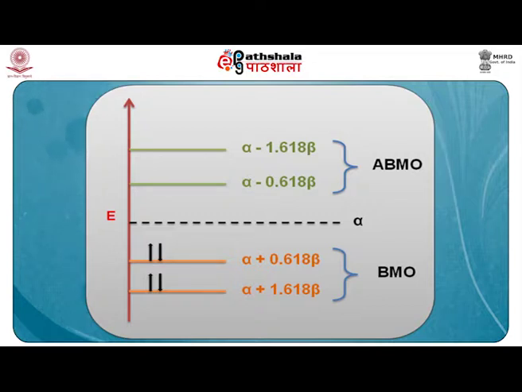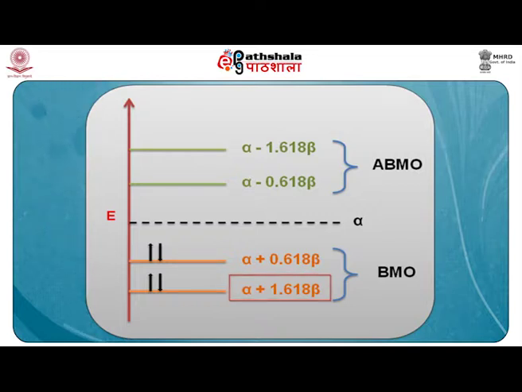At the bottom we have the orbital with energy alpha plus 1.618 beta. This is the bonding molecular orbital.